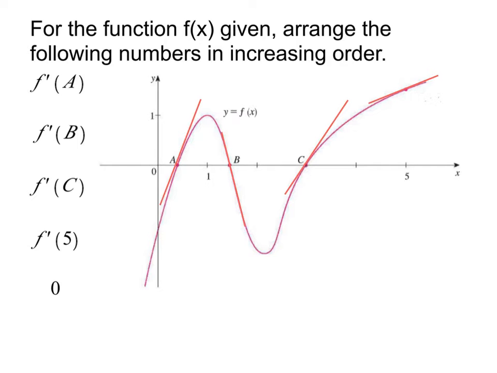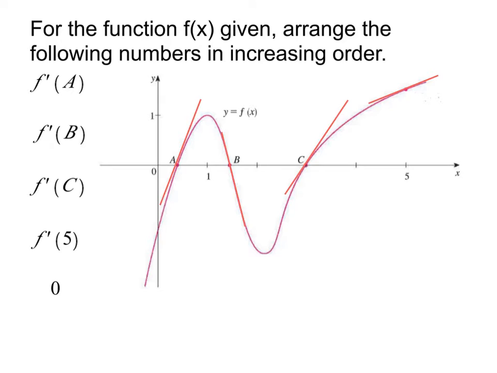So I now need to put these in order from smallest to biggest. Which one should be smallest then? Well, notice the slope at A is positive. The slope at B is negative. And the slope at C and at 5, those are also positive. Only one of the numbers is negative.